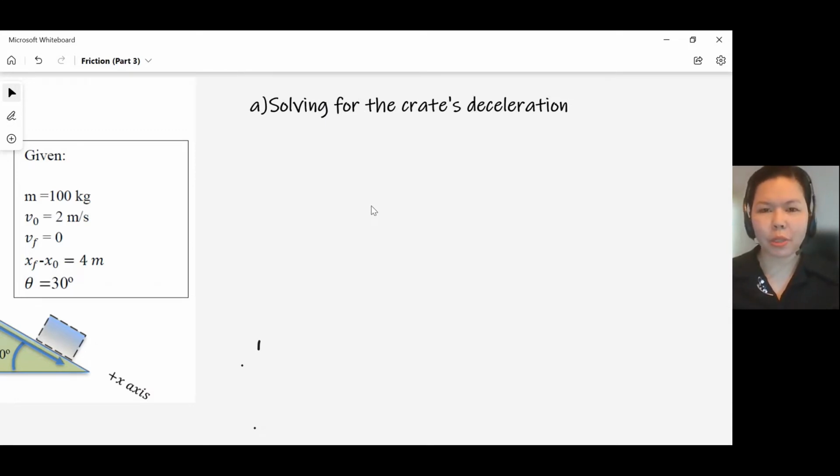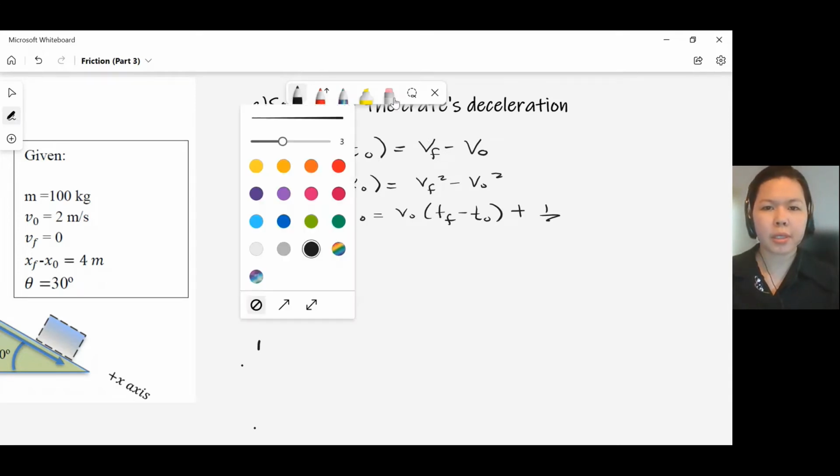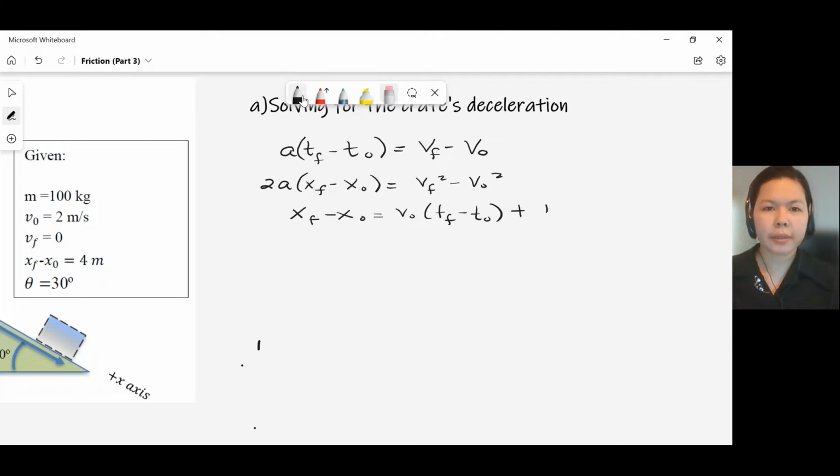Recalling our equations 1.1, 1.2, 1.3: Vf equals V naught plus a times t, 2a times xf minus x naught equals Vf squared minus V naught squared, and of course the last, xf minus x naught equals V naught times tf minus t naught plus 1/2 a times tf minus t naught squared.